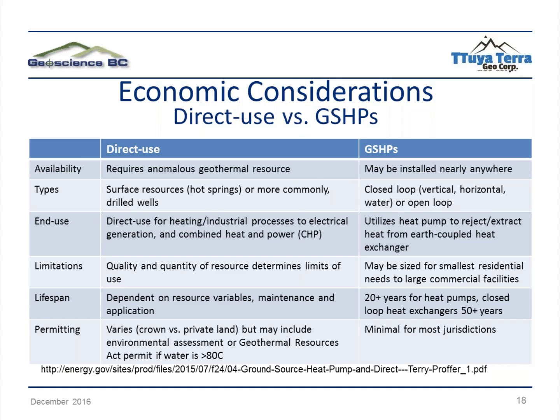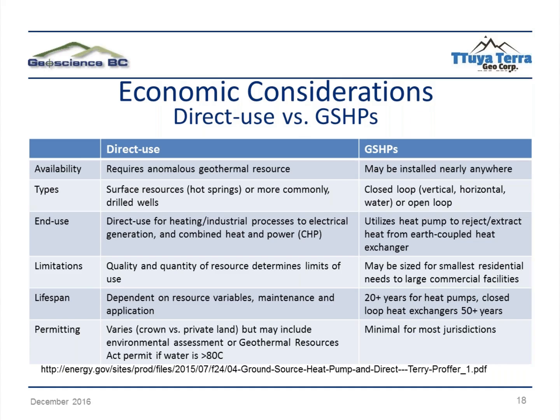They can be sized for the smallest residential need to the largest commercial facilities. And so that really has been the driver for ground source heat pump usage, where for direct use, you really need a dense population to maximize the economic value of a direct use potential resource development.